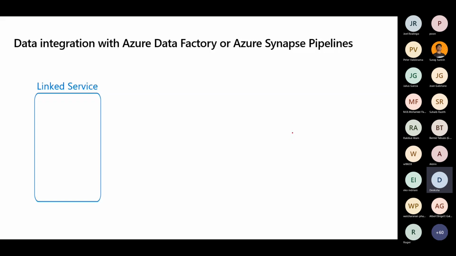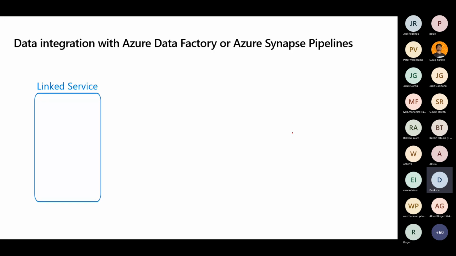I pass my storage name and the authentication. With the help of that, Data Factory is going to authorize and then establish communication between your storage and Data Factory. So linked service is the place where you provide the complete connection detail of the service you want to connect with ADF.